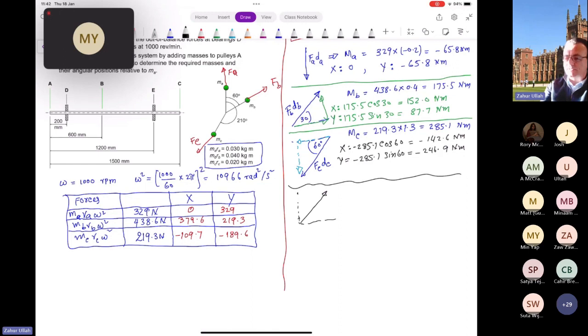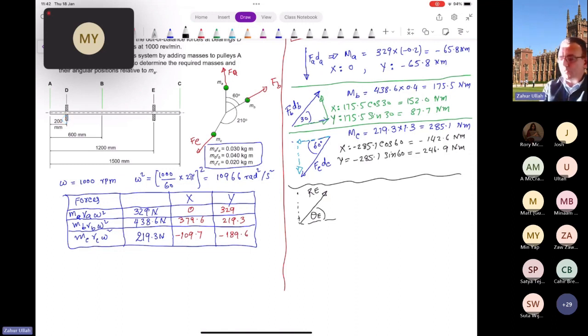So you assume that it is positive. So this means that this is our RE. So you assume that this is theta E, so in the first quadrant, and similarly, then the moments will be in the same direction. Because in the case of the moments, you are given this distance, which is 1200 from here, and then from here it will be 1200 minus 200, which will be 1 meter here.